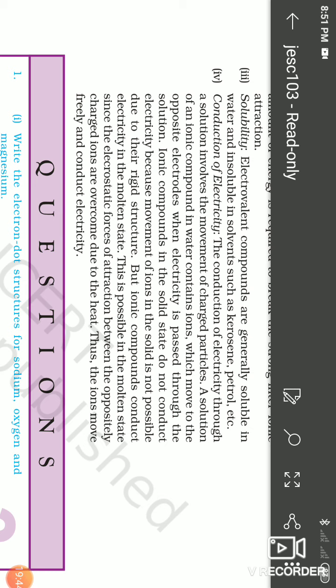An ionic compound in the solid state does not conduct electricity because movement of ions in a solid is not possible due to their rigid structure. But ionic compounds conduct electricity in the molten state, since the electrostatic force of attraction between the oppositely charged ions is overcome by heat. The ions move freely and conduct electricity.